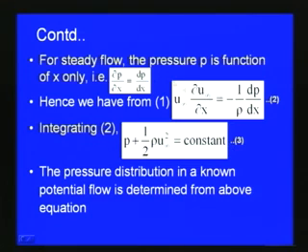This constant we can find with respect to the boundary conditions. The pressure distribution in the potential flow is determined from this equation. Generally the free stream velocity will be known, so once it is known in the potential flow region outside the boundary layer, we can solve equation number 3 to get the pressure distribution.